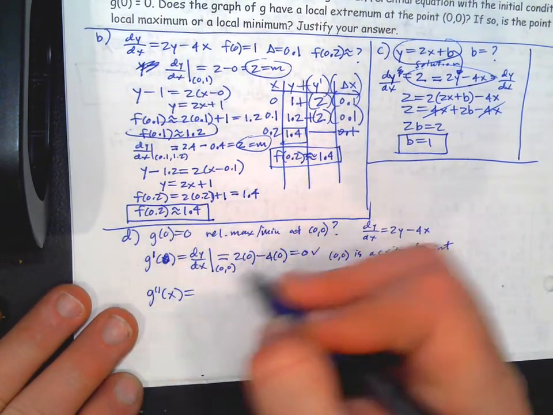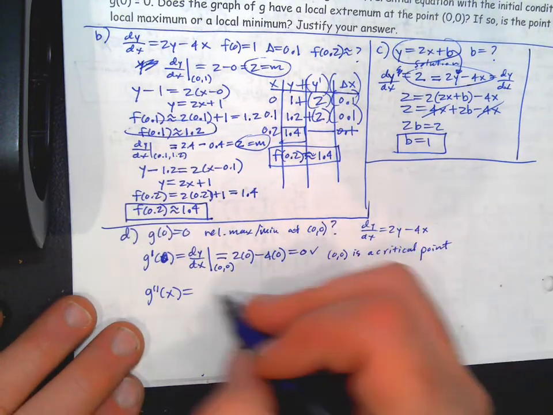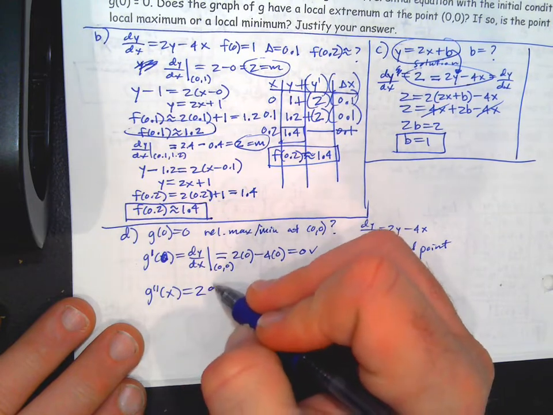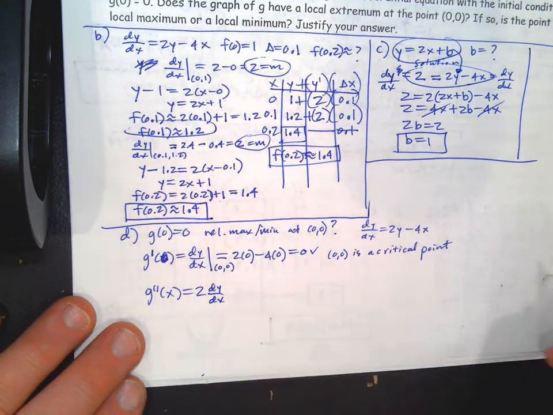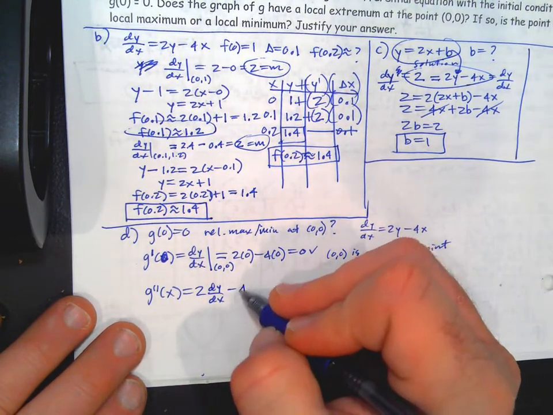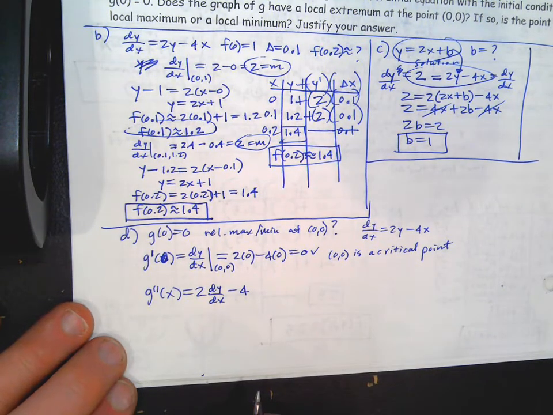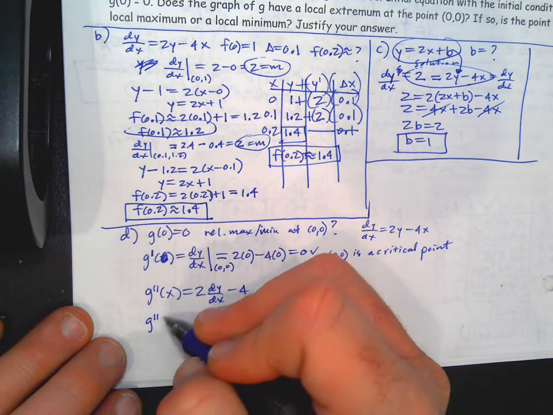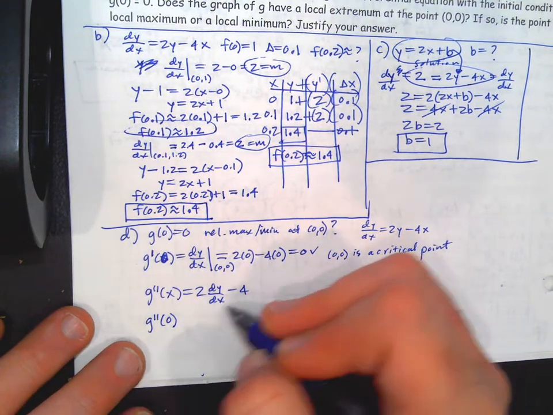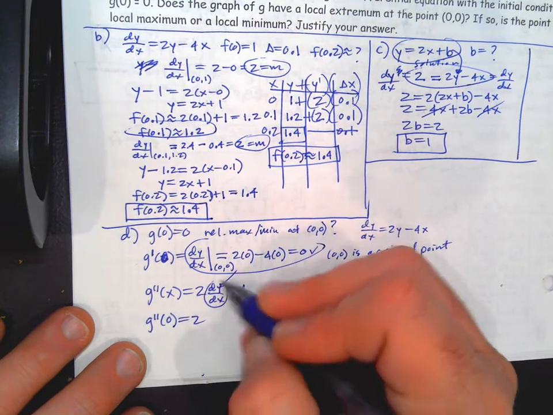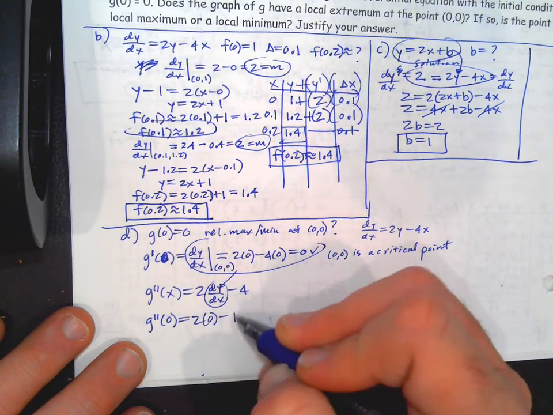Now the first derivative we already had. The second derivative, I think we've got to work out. So the second derivative of this is going to be 2 dy/dx, implicitly, minus 4. Right? And so what's g double prime at (0, 0)? Well, we just found dy/dx is 0, so we could replace it with the 0, right?